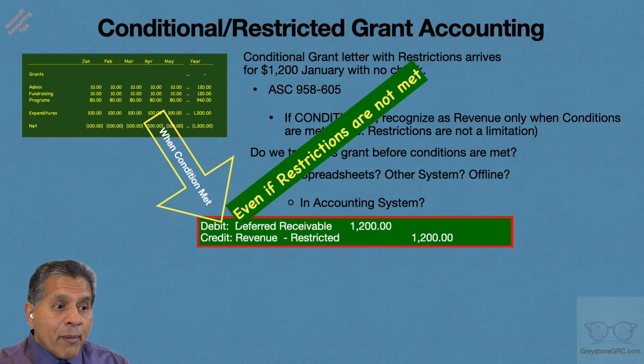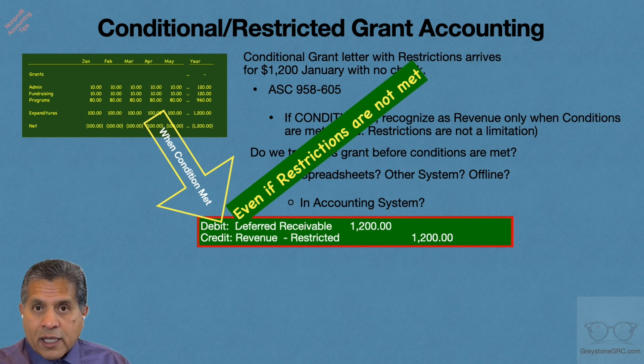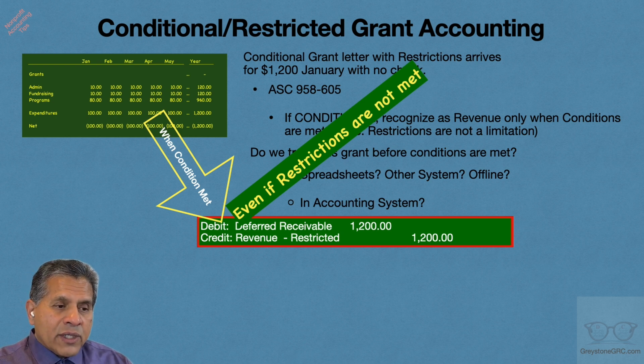Once the conditions are met, an entry might look something like this. You debit a deferred receivable for the $1,200, and you credit revenue restricted for $1,200. Well, is it really a deferred receivable? And keep in mind, this is even if the restrictions are not met. So now looking at this, we say, well, is it really a deferred receivable?